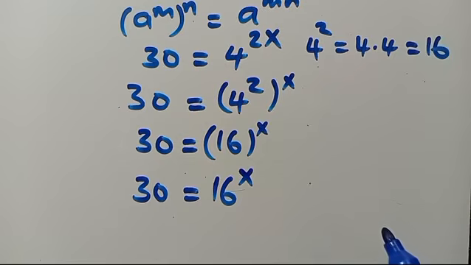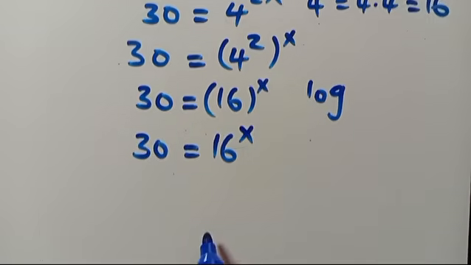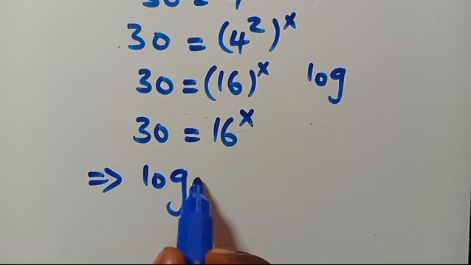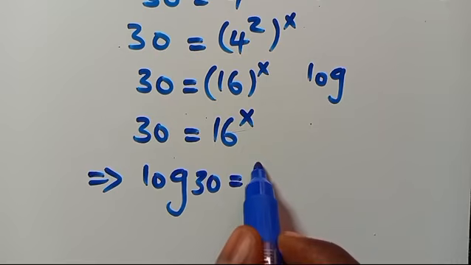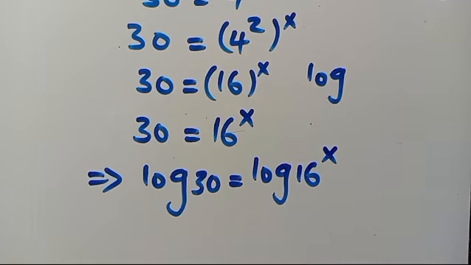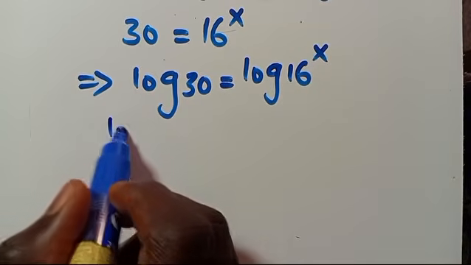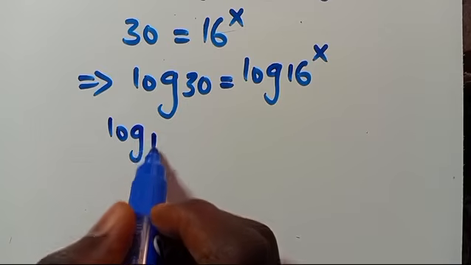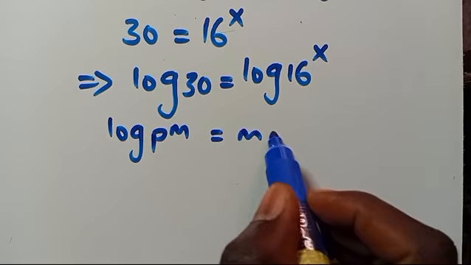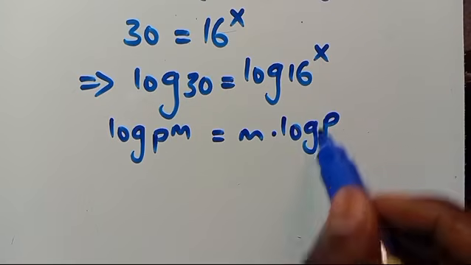Then let's do something reasonable by introducing log to both sides of this expression. So we are going to have log 30 equals log 16 to the power of x. Then mind you, when you have log p to the power of m, we have it as m times log p.